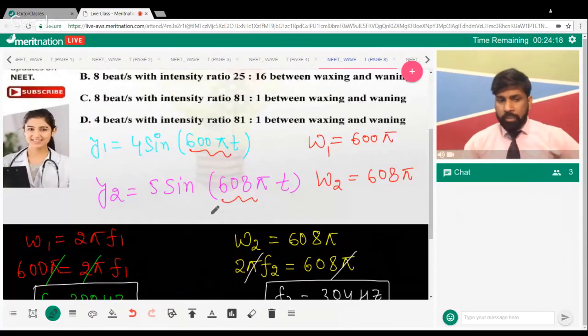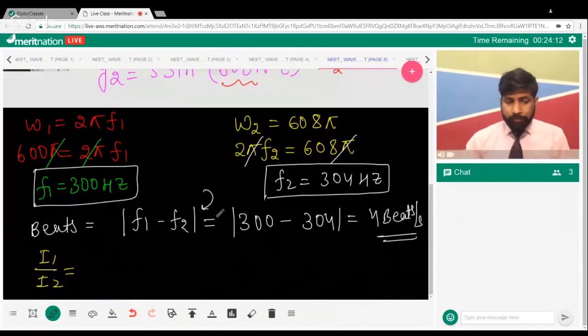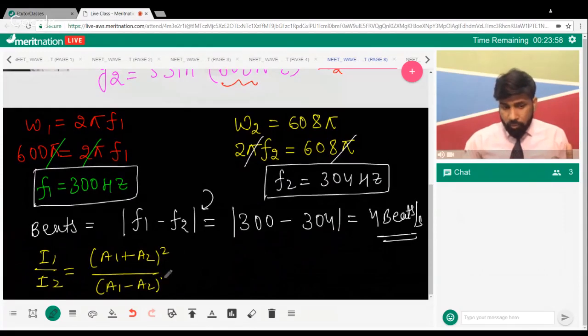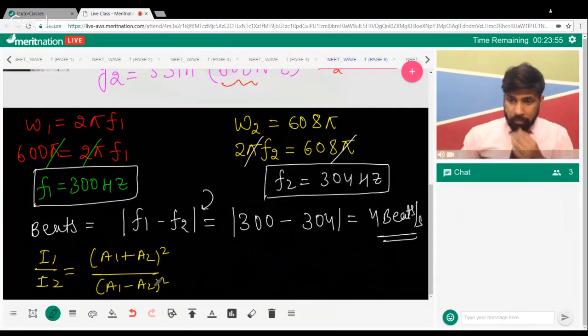How can we calculate the intensity ratio between waxing and waning? We need the maximum intensity to the minimum intensity, which is A1 plus A2 whole square over A1 minus A2 whole square.